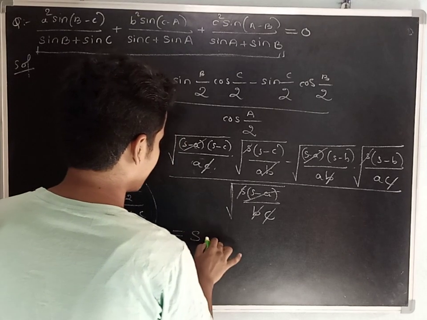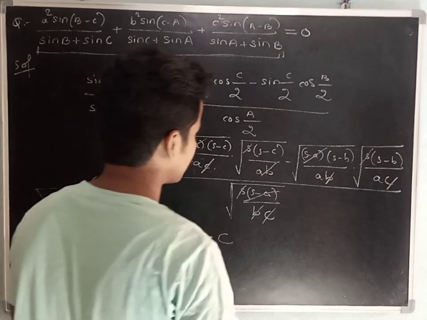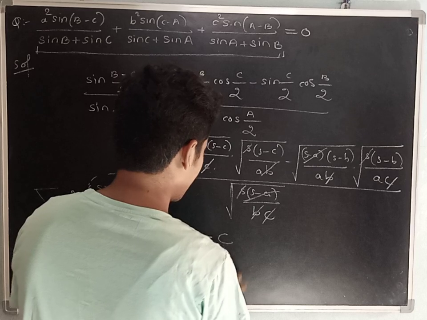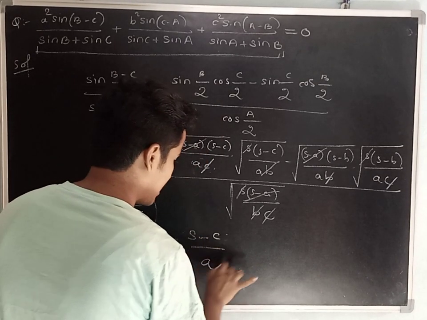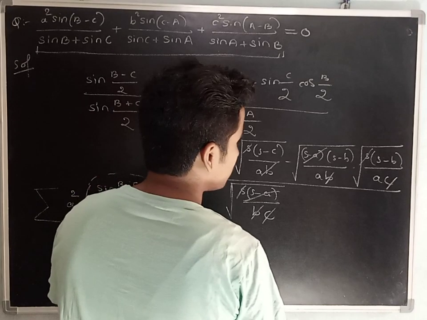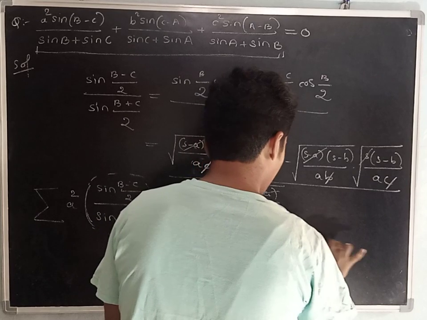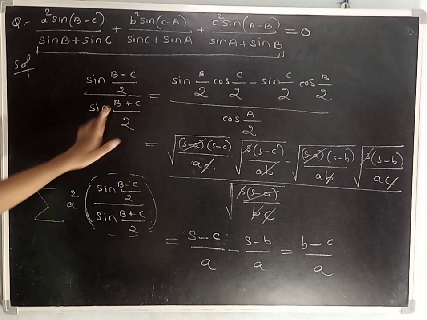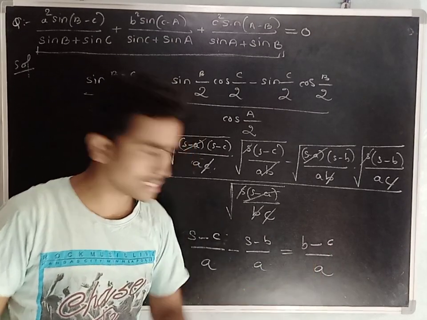It can be written as (s minus c) by a minus (s minus b) by a. It's nothing but (b minus c) by a. So sin (b minus c) by 2 by sin (b plus c) by 2, I have got as (b minus c) by a.